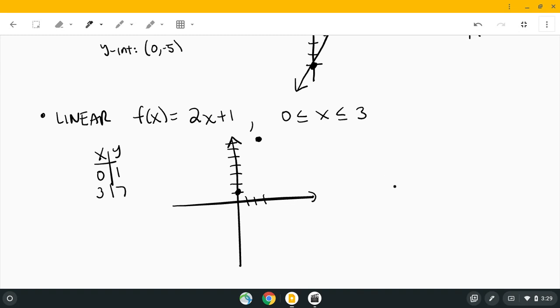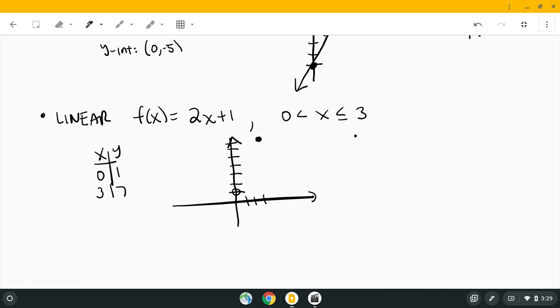Had it said strictly less than, then this one over here would be an open circle. So again, you get the open circle if it's strictly less than. You get the closed circle if it's less than or equal.